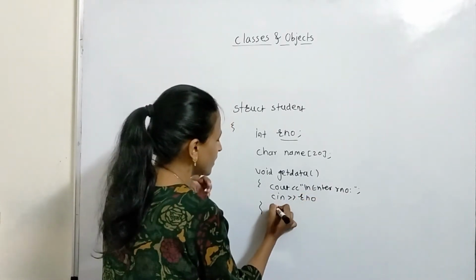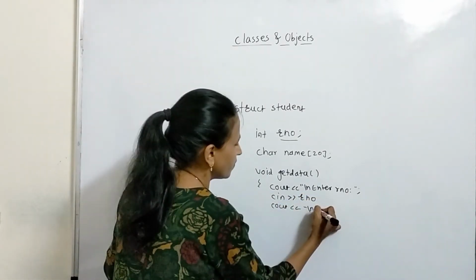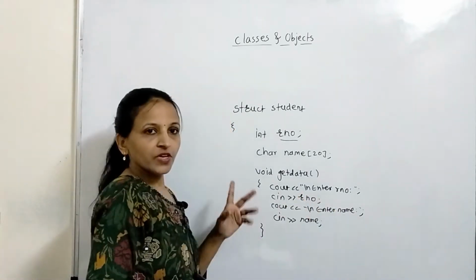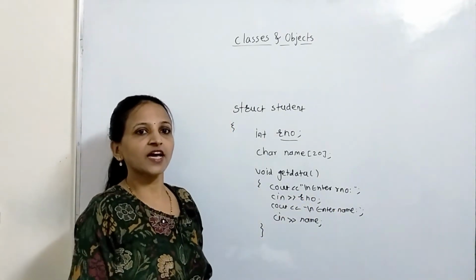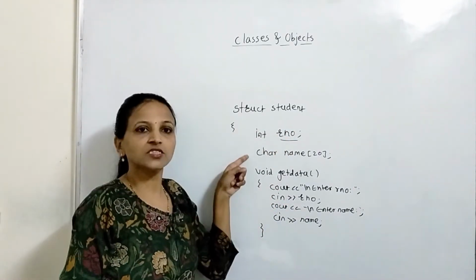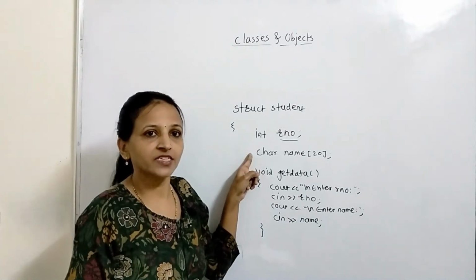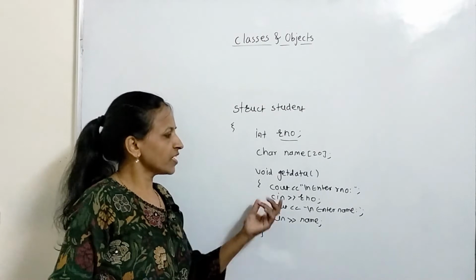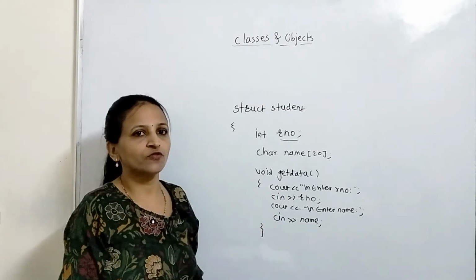In the same way we can write enter name and cin name. We have written some functionality for this student entity. Means here these are just data members, these are just characteristics, and this is the behavior of that student. Means in a simple way, this is a functionality that we can do with that student object.